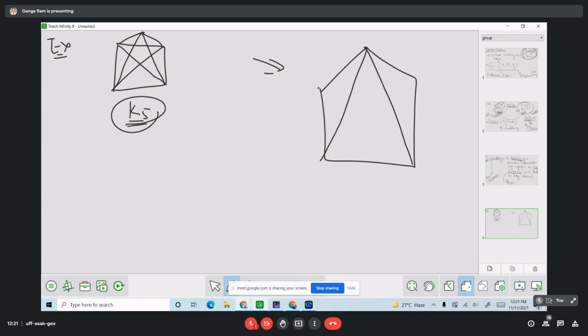Okay, so it means it is complete. Now this vertex is joined to this vertex, and this vertex is joined to this vertex and this vertex, and now we can join this vertex this way without crossing the edge. Okay, can you join this vertex? Yes.